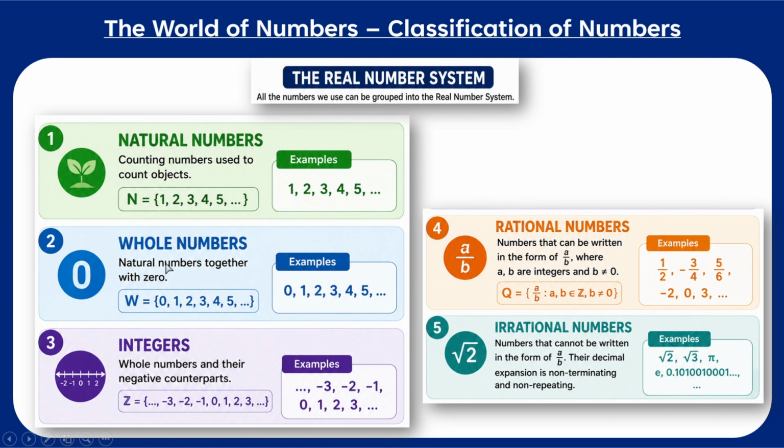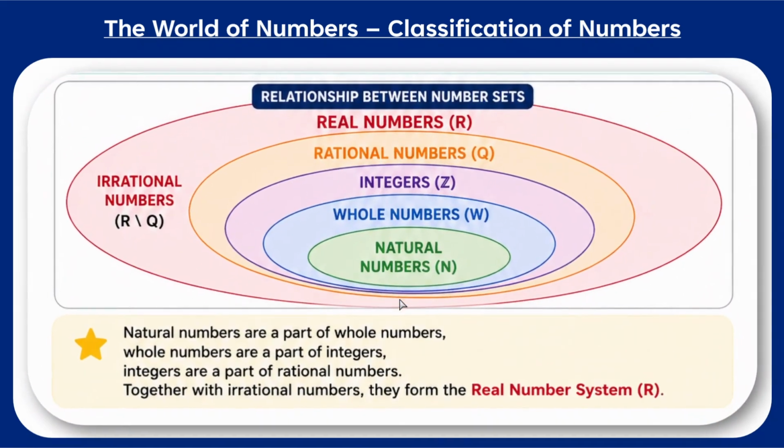Whole numbers comprise all the natural numbers in addition to the number 0. Integers comprise all the whole numbers in addition to the negative numbers as well. The rational numbers comprise terminating decimals, repeating decimals, and fractions as well, and irrational numbers are non-terminating and non-repeating decimals. We shall be looking into these later, but first let's look into the integers.